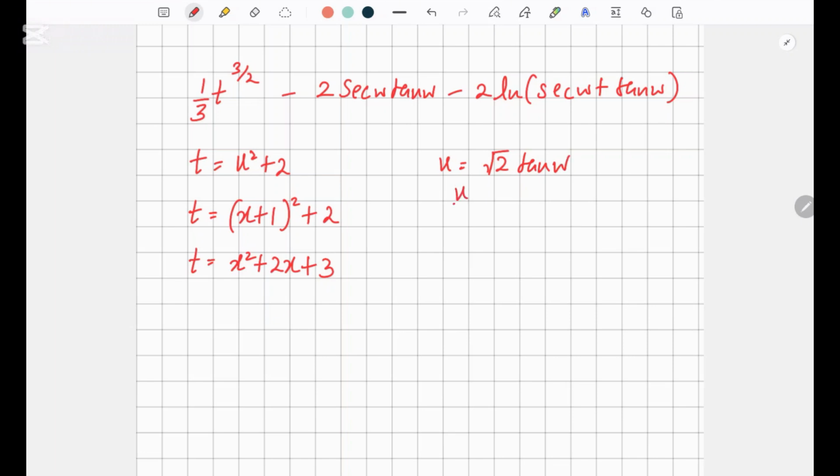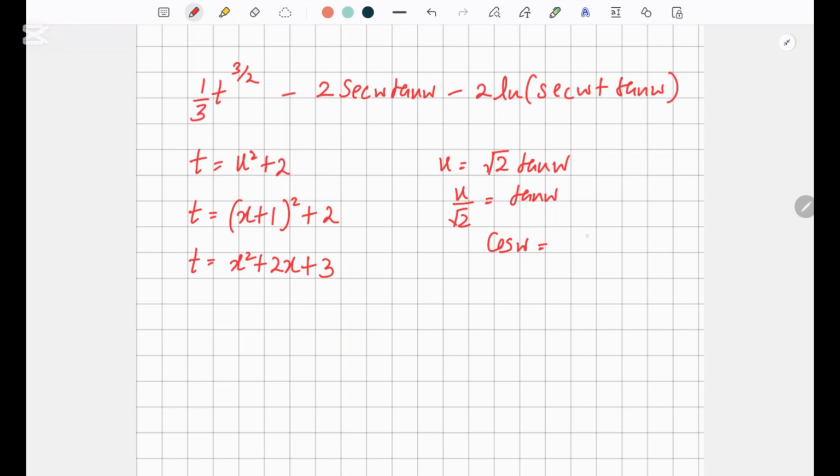So you could write u over root 2 equals tan w. So then what would sec w be? So sec w is 1 over cos w, right? So you could find cos w like this. You just need to find the hypotenuse.